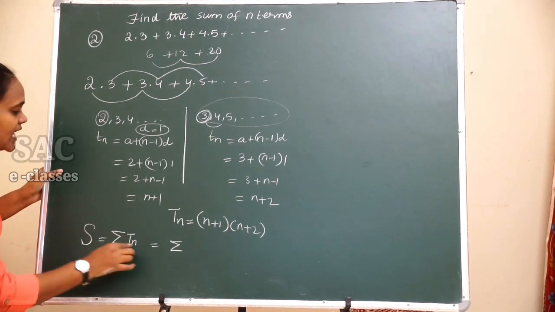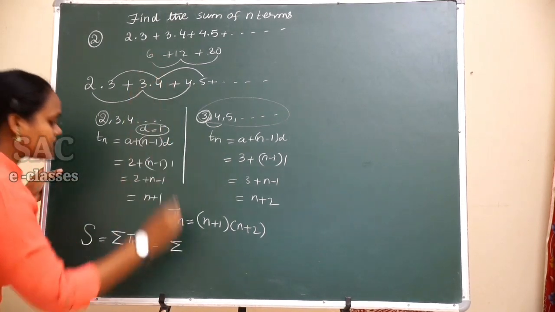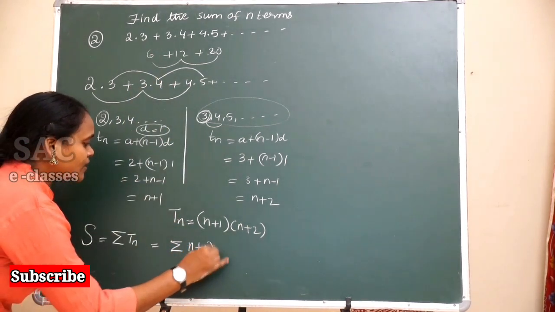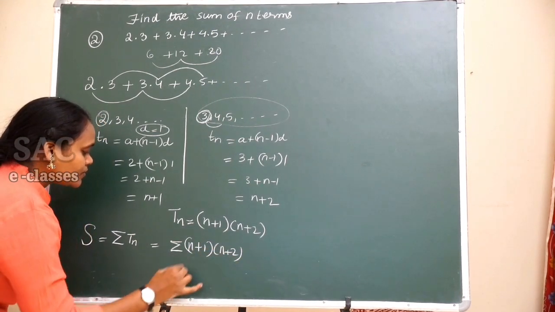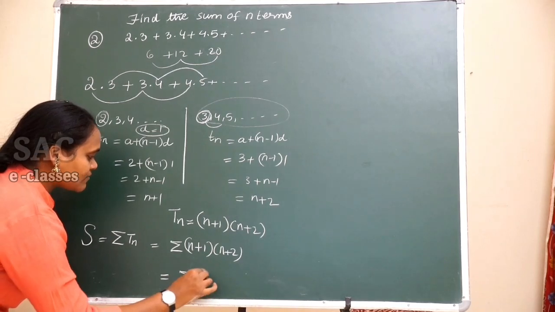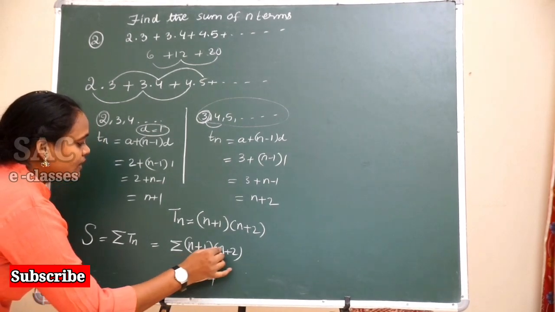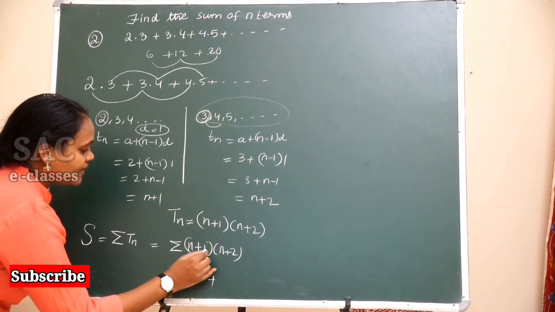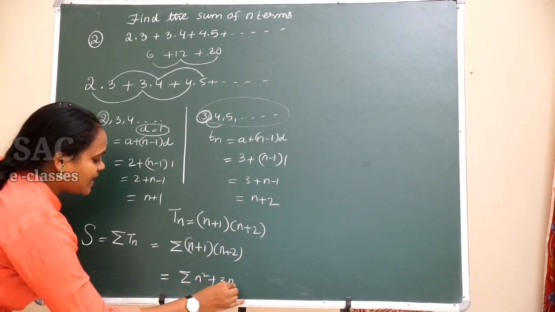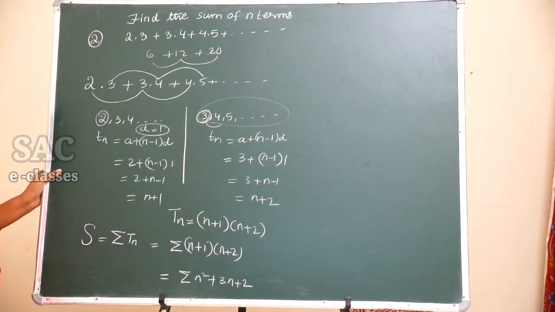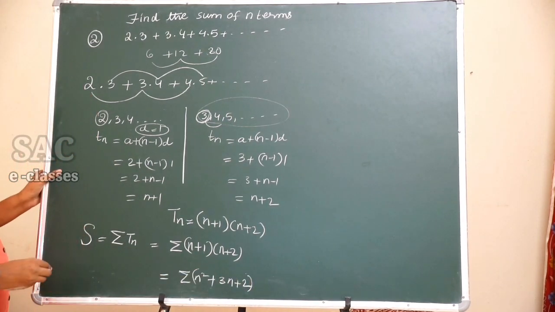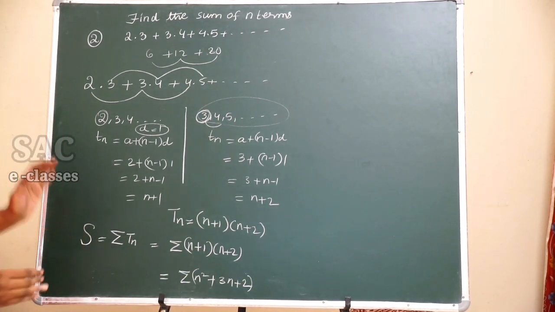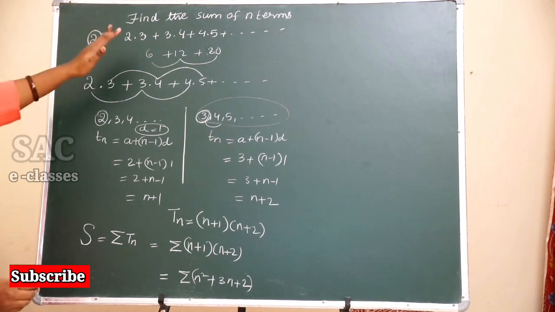The nth term of this series is n plus 1 into n plus 2, so sigma of n square plus 3n plus 2. We got the nth term, but our aim is not finding the nth term. Our aim is finding the sum of n terms.